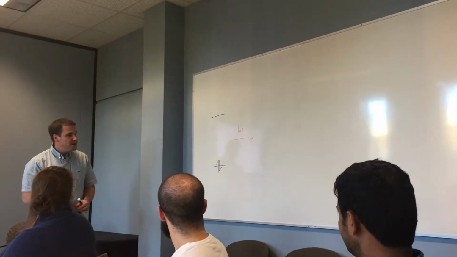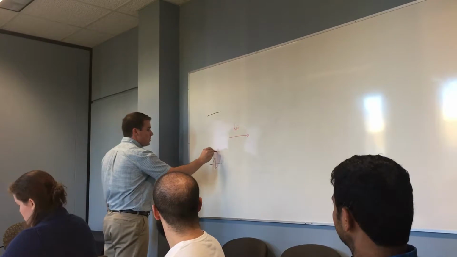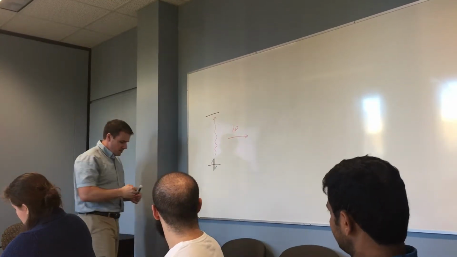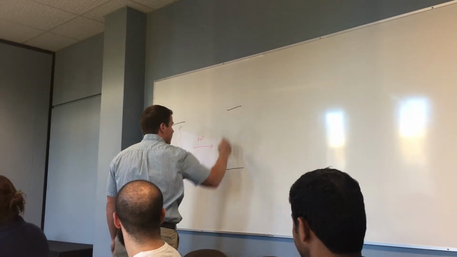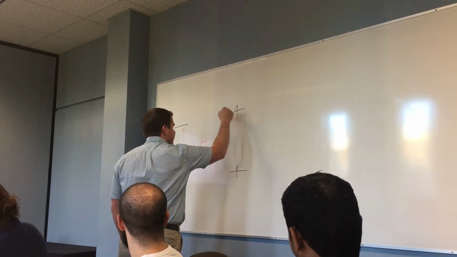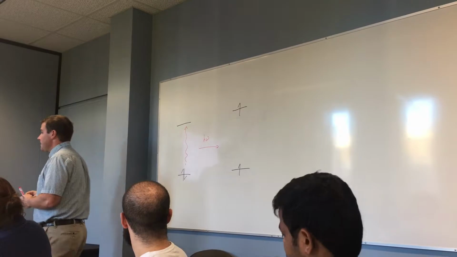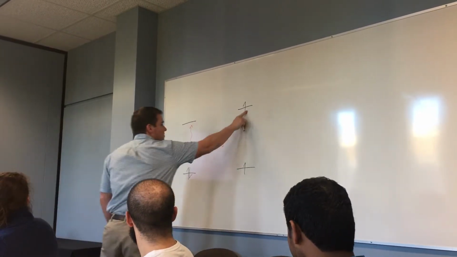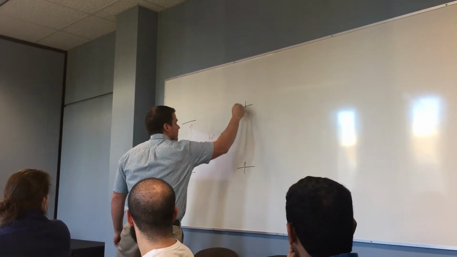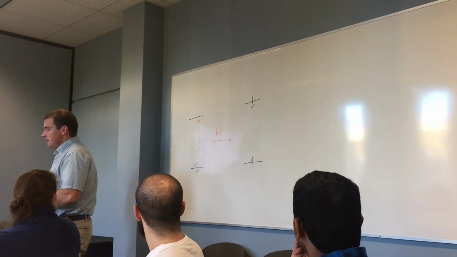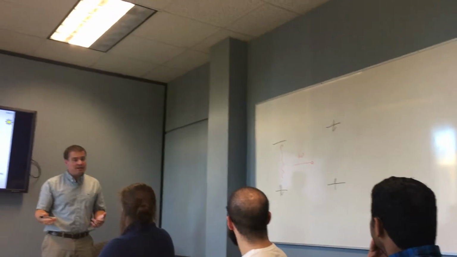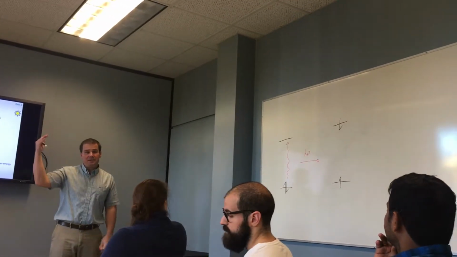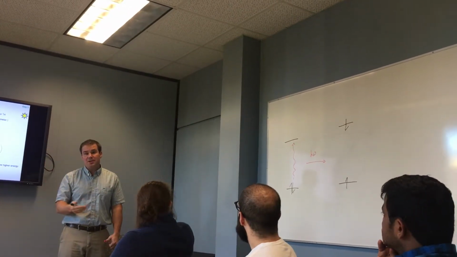We apply some light and promote one of these electrons to the higher energy state. Whether it's singlet or triplet doesn't really matter in this case. Now you've got a population difference because you've applied that light pulse. You've now got some molecules in the higher energy state that you didn't have before.